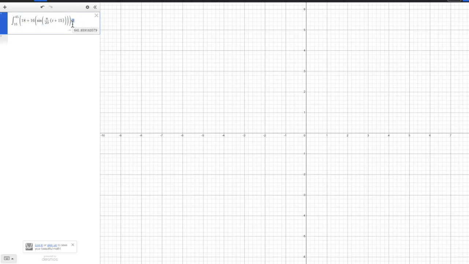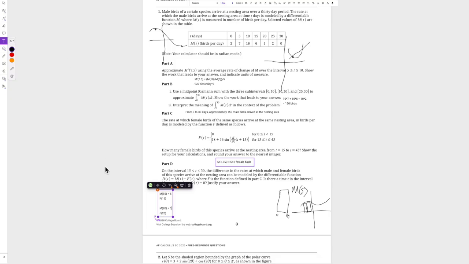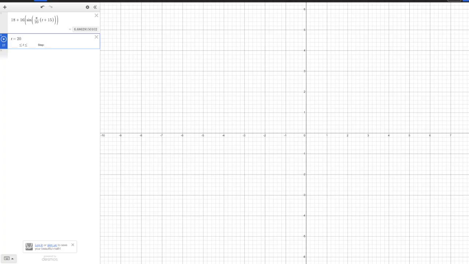So I can just start deleting stuff here. I'll delete this, and what we can do is just set a slider here and do 15, 20. So we see that we have 2 and 6.686. And from here we're going to calculate the value of d of t at these points.